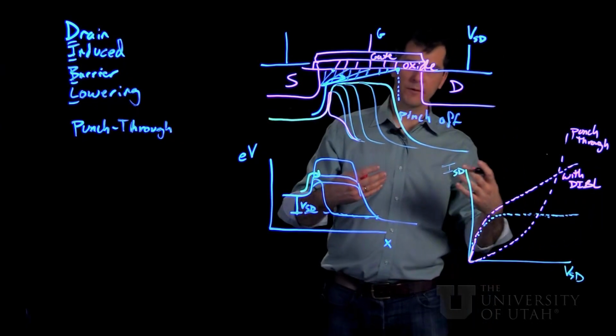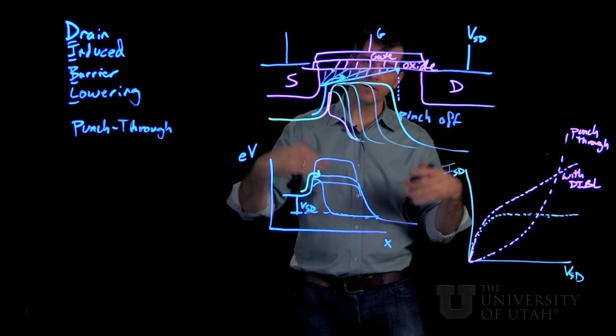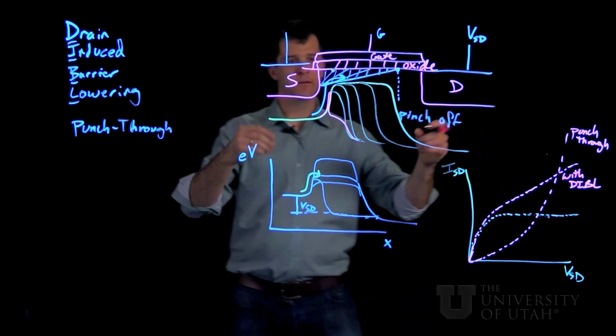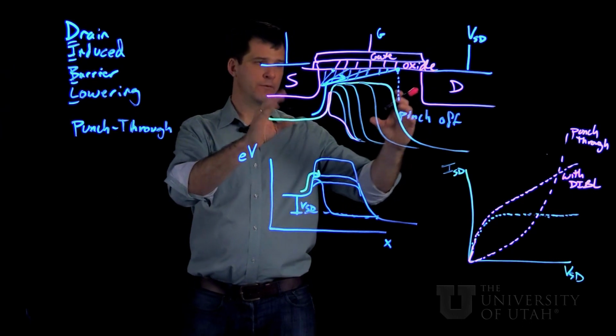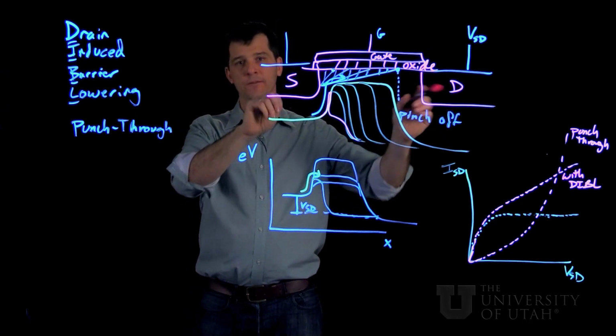So these three topics, sub-threshold conduction, drain-induced barrier lowering, and punch-through, are all interrelated, and they have to do with the superposition of the depletion widths and the voltages coming from all three of the gates of the MOSFET.